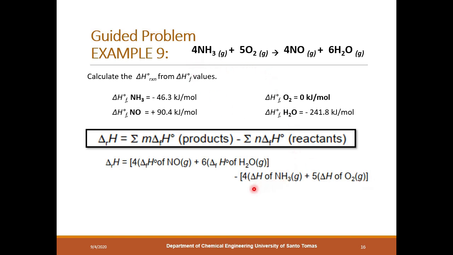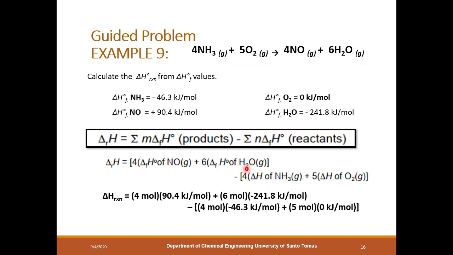From the equation, there are 4 moles of ammonia and 5 moles of oxygen. Now substituting our standard enthalpy of formation values, which are again negative 46.3, 90.4, and negative 241.8, in this working equation we will have 4 times positive 90.4, and then add to that 6 moles times negative 241.8 kilojoules per mole.